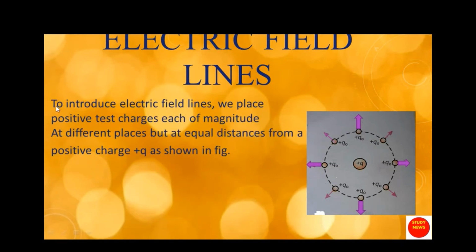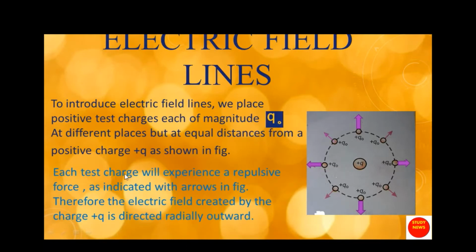To introduce electric field lines, we place positive test charges, each of magnitude q naught, at different places but at equal distance from a positive charge, as shown in this figure, and each test charge will experience a repulsive force as indicated with arrows in the figure.